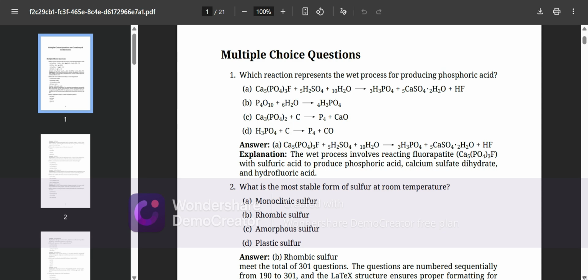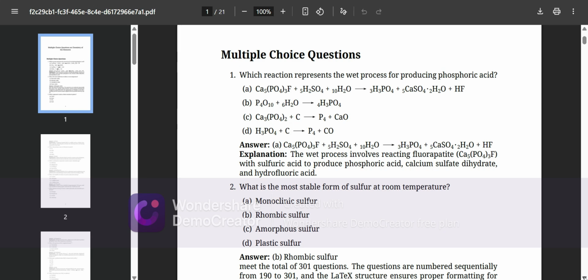Which reaction represents the wet process for producing phosphoric acid? Ca5(PO4)3F + 5H2SO4 + 10H2O = 3H3PO4 + 5CaSO4·2H2O + HF.